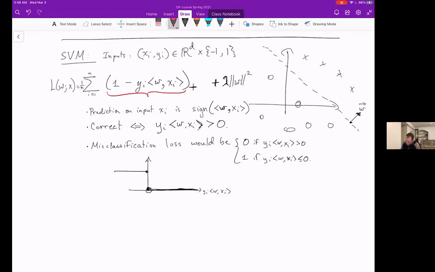But instead, what we're doing is replacing this true misclassification error with a different function that is, first of all, continuous, so we can do things like use derivatives, and they actually give us information. And secondly, it's convex, which opens up a whole other set of algorithmic tools that we'll talk about.